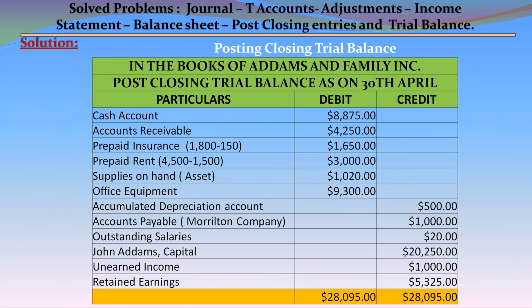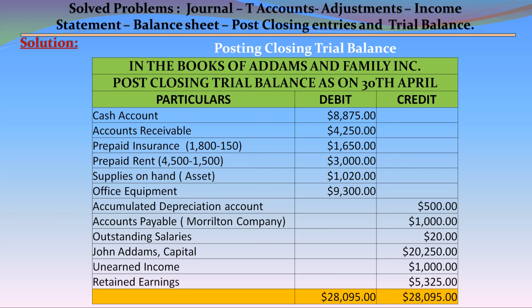Post-closing trial balance as on 30th April. Cash account debtor 8,875. Accounts receivable debtor 4,250. Prepaid insurance debtor 1650. Prepaid rent debtor 3000. Supplies on hand debtor 1020. Office equipment debtor 9300. Accumulated depreciation account credit 500.